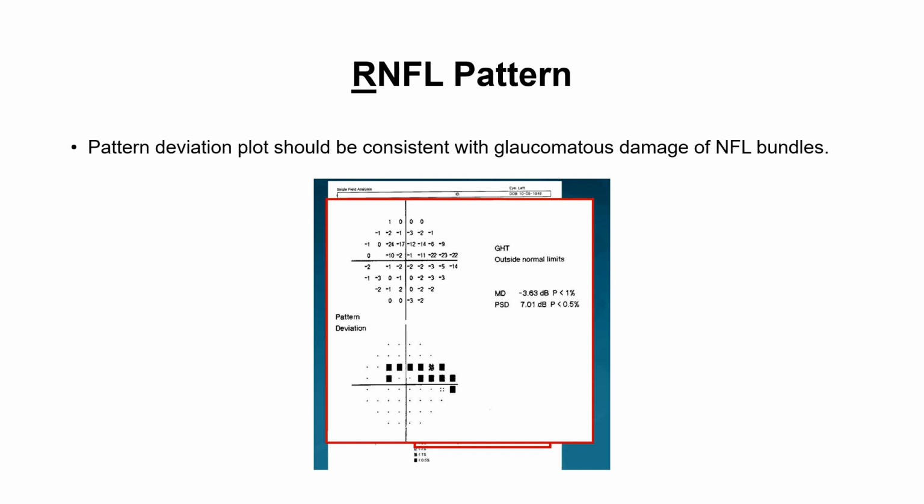If you see here the pattern deviation of the retinal nerve fiber layer, a paracentral defect with a nasal step, with the glaucoma hemifield test outside normal limits, and a mean deviation of minus 3.6 decibels and a pattern standard deviation of 7 decibels, this represents glaucoma, moderate glaucoma.